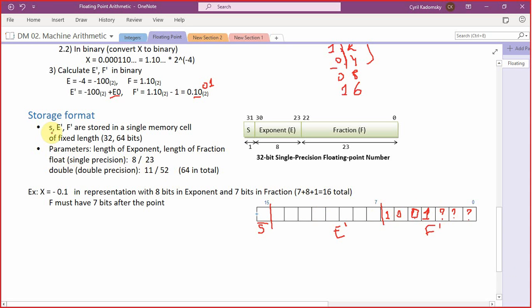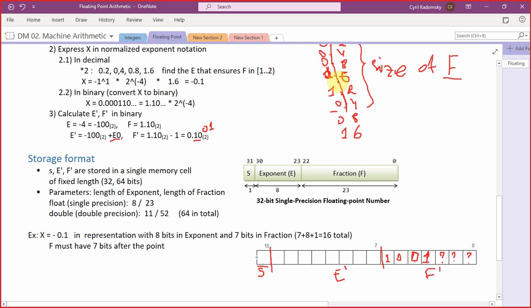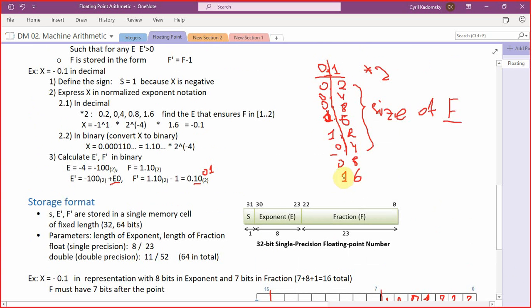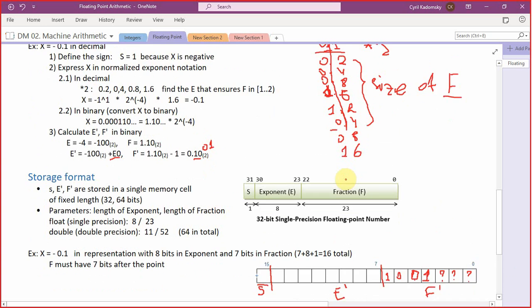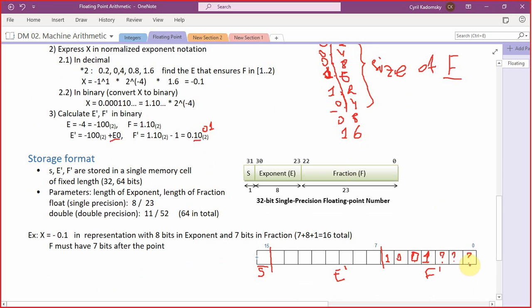As soon as we decided on the size, we know that the fraction must have 7 bits after the decimal point. So after the first one, there should be 7 digits more. So we know now how long this process of converting must be. We must obtain 3 digits more.